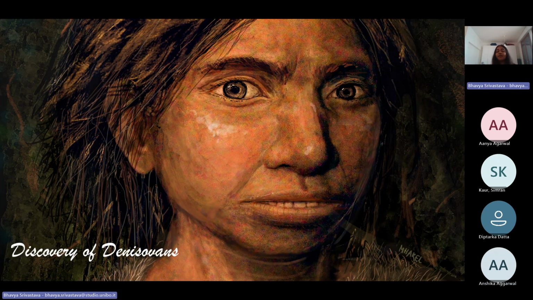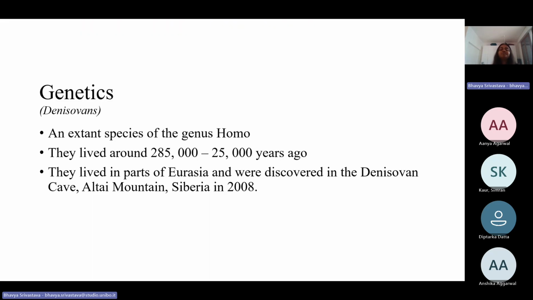Let us talk about another species of human beings that was discovered quite recently and has created a spark in the Paleolithic world, or even in the prehistoric world. Denisovans is an extinct species of the genus Homo, and they lived about 285,000 to 25,000 years ago.